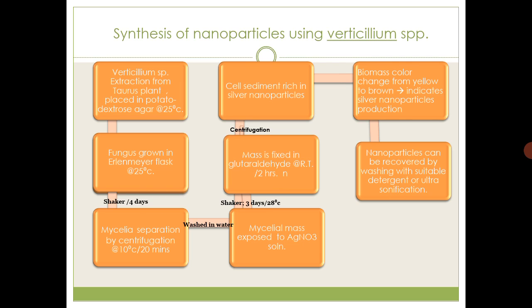Certain enzymes are present in the cell walls of the mycelia of this fungus, Verticillium. This enzyme carries negatively charged carboxylic groups, due to which it opts for electrostatic interaction, and therefore it binds to the positively charged silver ions, and this silver ion gets trapped on the surface of the fungal cells.